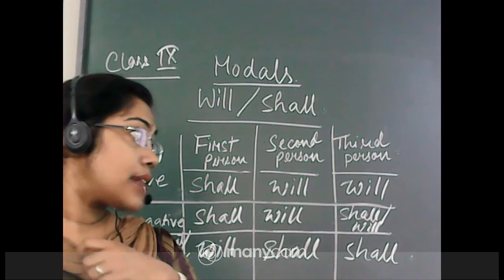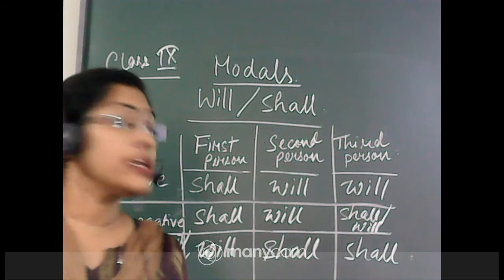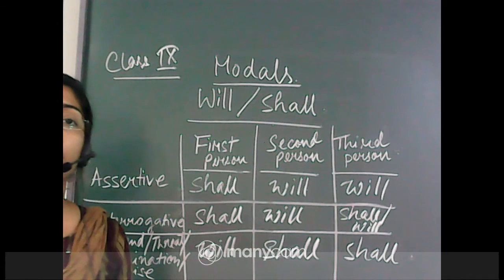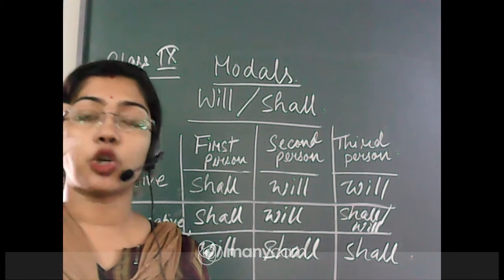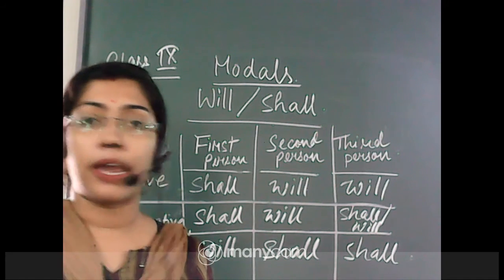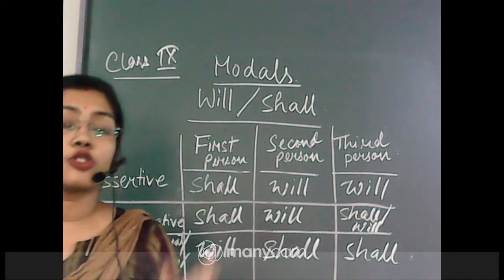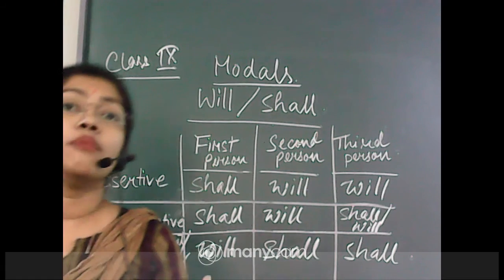So in the exam, what happens? In the exam, you will not be given individual sentences, you will be given a short paragraph, and the paragraph will have multiple blanks. Some of the blanks will contain modal verbs.